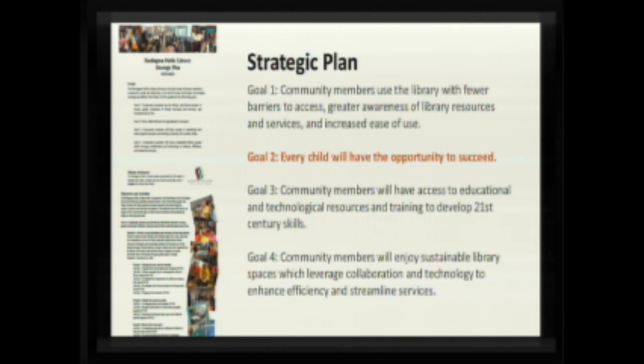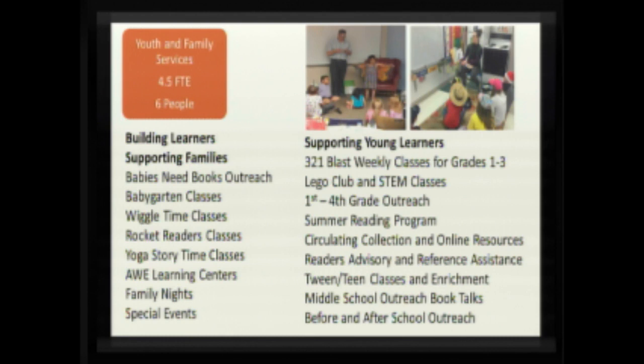So back to the strategic plan, as I mentioned, I'll use this a few times here, it'll show up in your packet multiple times, but goal 2 is that every child will have opportunities to succeed. And our youth services section, this is really at the heart of what they do. So we have 4.5 FTE, which is 6 people who work in that section.